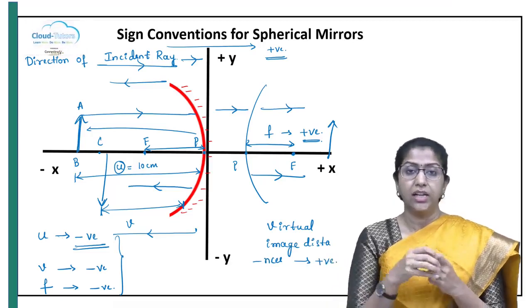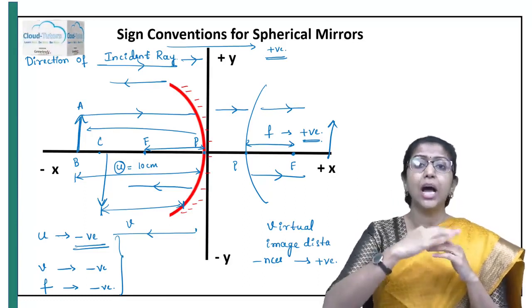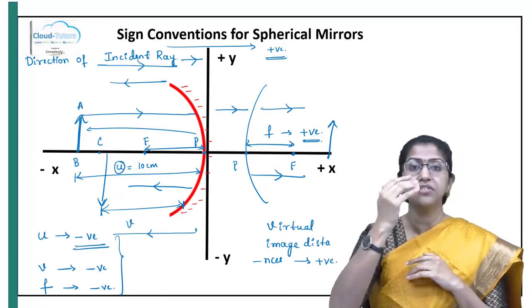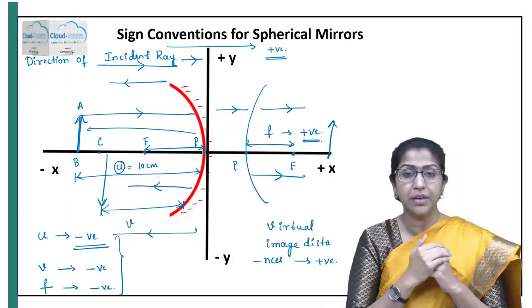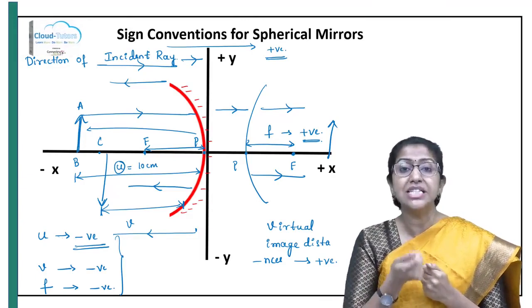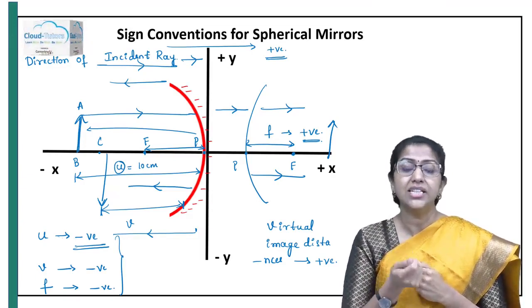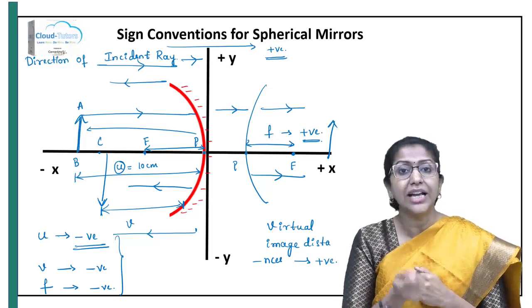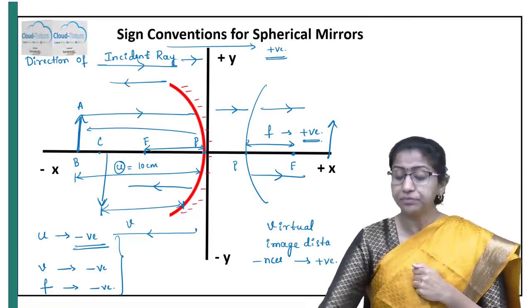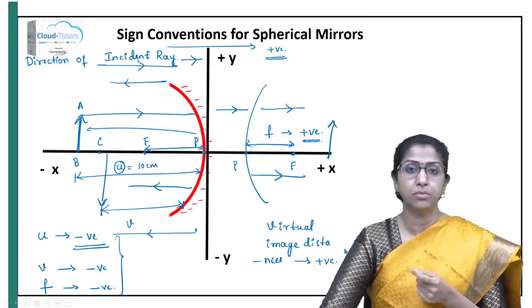And the last thing is the height of the object: anything above the principal axis is positive, anything below the principal axis is negative. So if the image height is negative, you need to understand that it is a real and inverted image. You will understand the sign conventions better when we solve one or two problems.